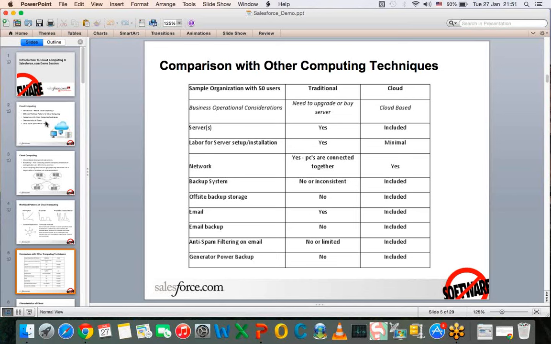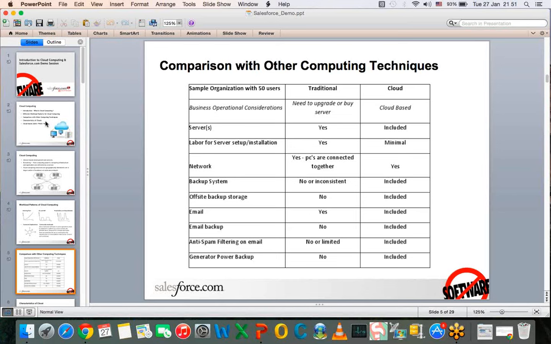When it comes to cloud, you need not worry about the upgrades. The upgrades happen on the go, you will not even know, there are offline updates and online updates as well in cloud computing. Servers you need to maintain in traditional, and in cloud it will be maintained by the vendor itself.